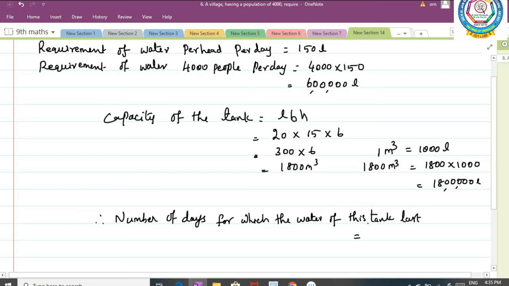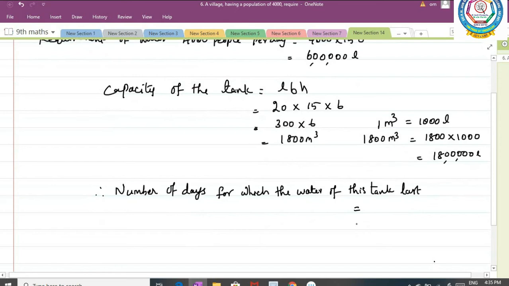That is equal to capacity of tank divided by the requirement of 4,000 people per day. So 18 lakh by 6 lakh. If I cancel 5 zeros in both numerator and denominator, I get 18 by 6. In the 6 table, that is 3. So how many days will the water of this tank last? 3 days.